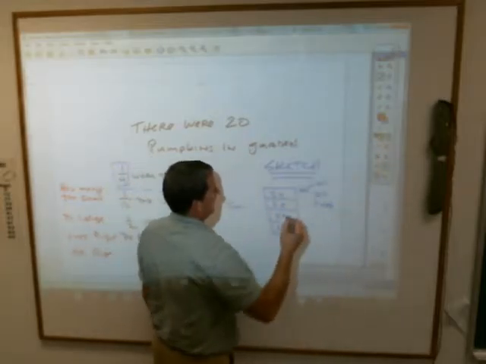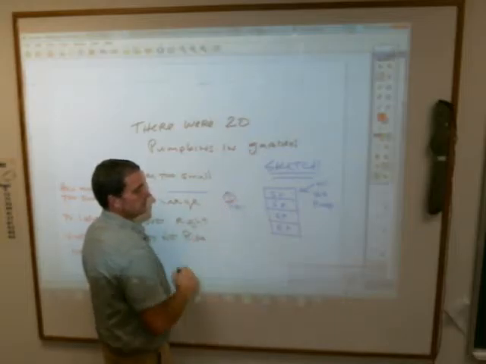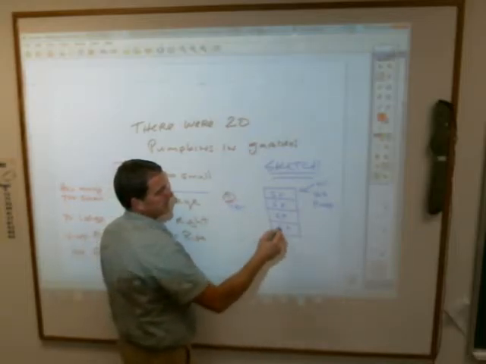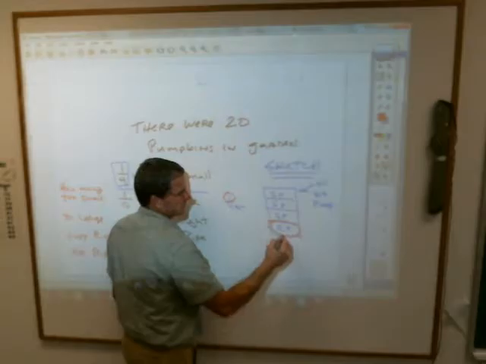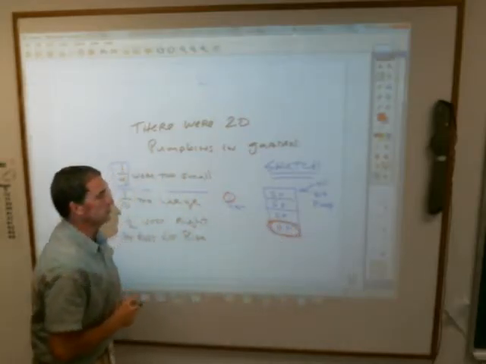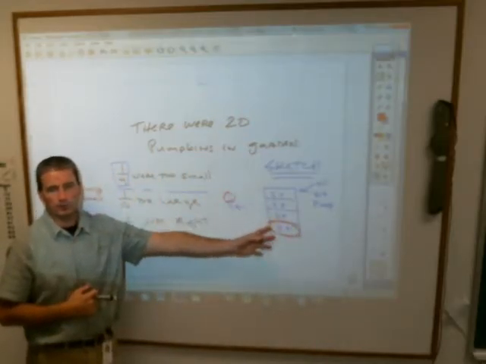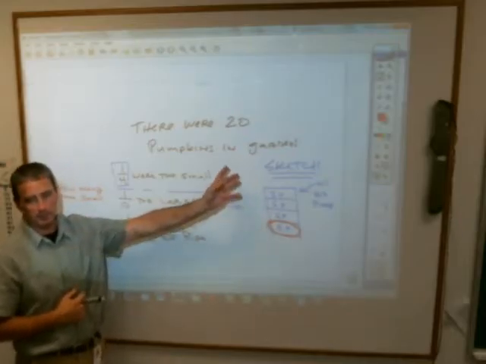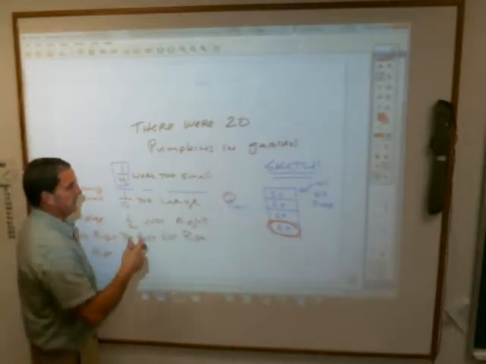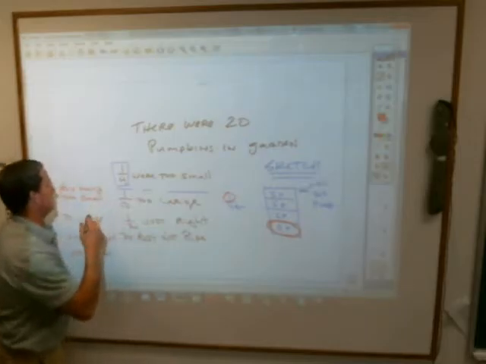And the top tells me how many of those pieces I have. I only have 1 of them. So, how many pumpkins were too small? 1 out of the 4 pieces or groups, which is how many pumpkins? Right. 5 pumpkins were too small.